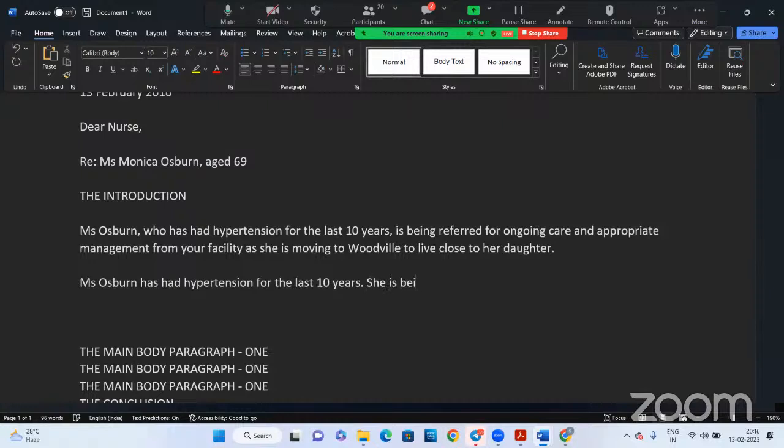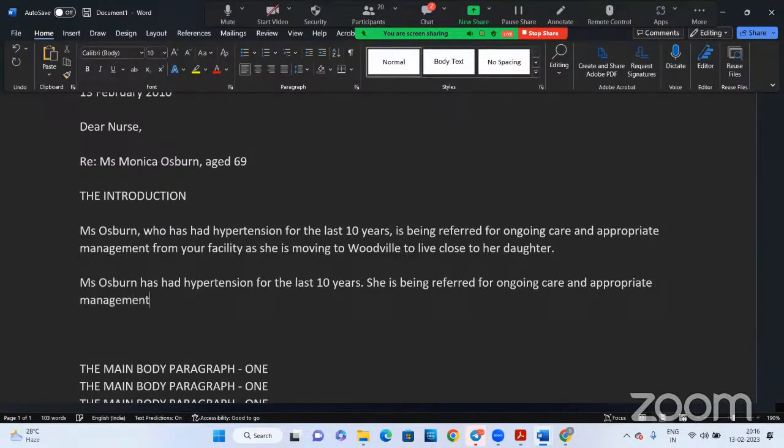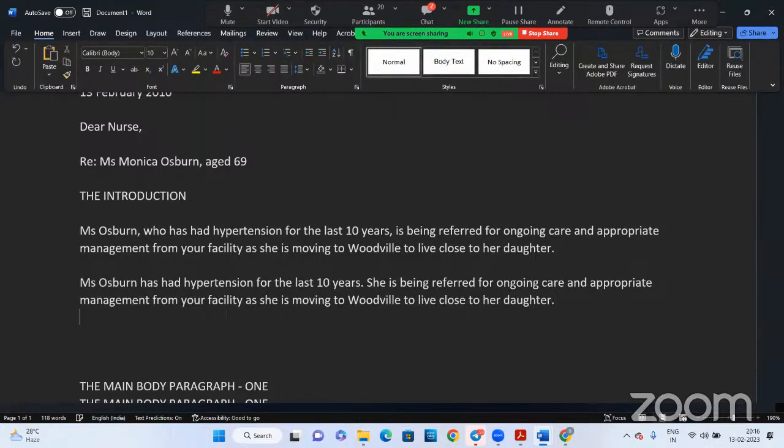She is being referred for ongoing care and appropriate management from your facility as, or you can say since, because, anything, as she is moving to Woodville to live close to her daughter. Or you can write in 3 sentences.